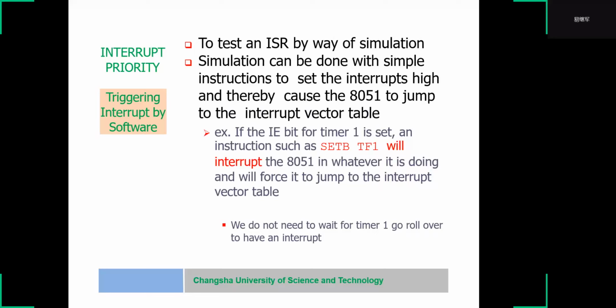We do not need to wait for Timer 1 to roll over to have an interrupt, which means we can use an instruction to trigger the interrupt for testing.